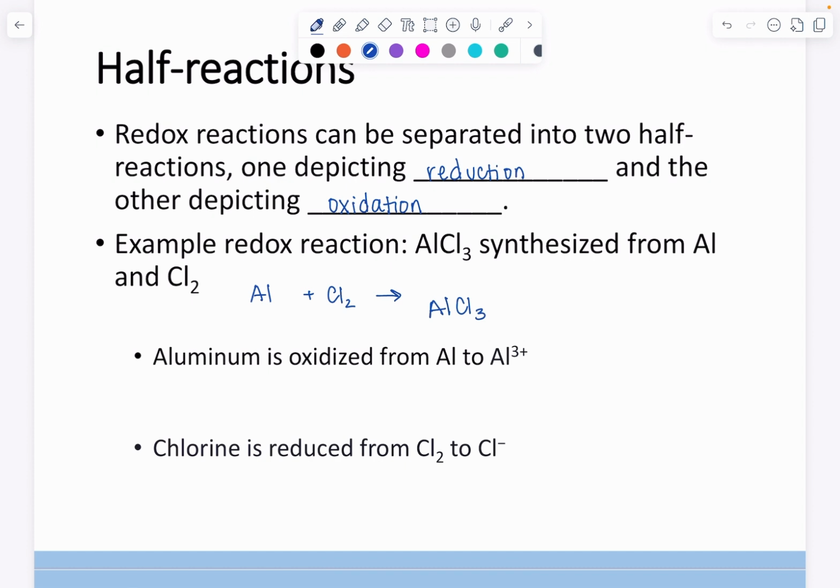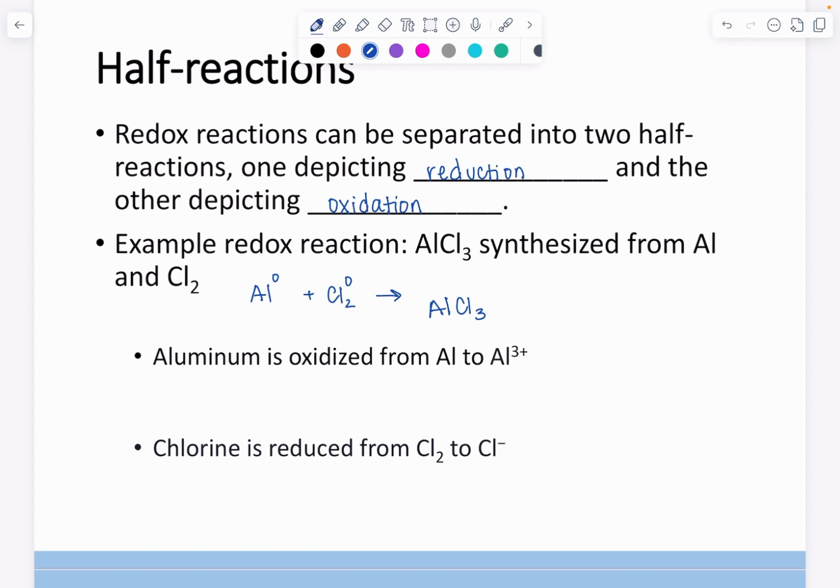To write the half reactions, we need to know what is oxidized and what is reduced. So let's identify oxidation states. Aluminum, monoatomic element, we'll assume it's in its natural state, has an oxidation state of 0. Chlorine, diatomic, natural state, oxidation state of 0.